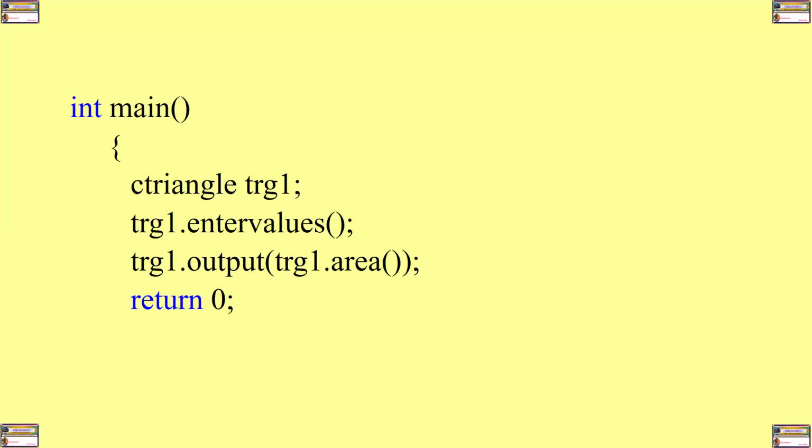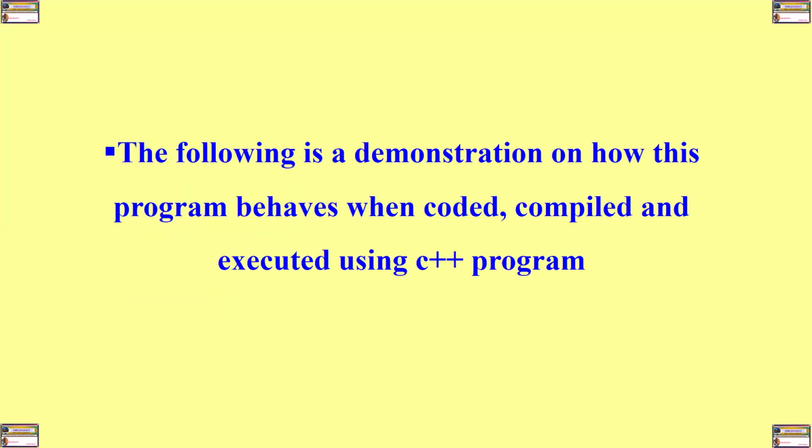The compiler will send back the control to the main function, and then the next statement to be executed is return 0, which tells the compiler that it is done with this program, and therefore the control will be taken back to the operating system and the program will end. So that's how this program is going to work.